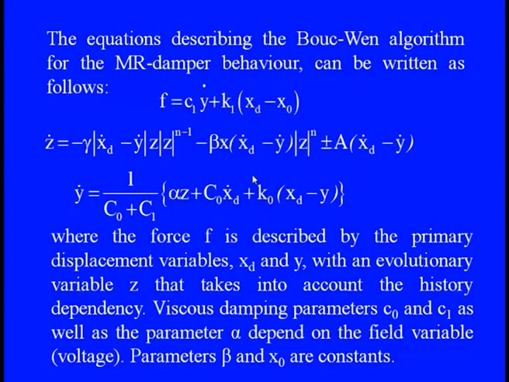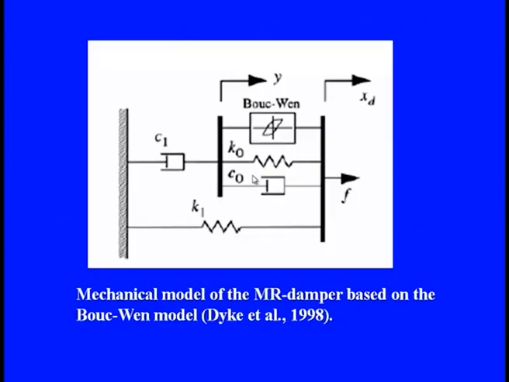First is the primary variable, small f, which equals C1 times y dot, meaning the real character of the damper at that time, which is related to the damping parameters. C0 was the first damping; C1 was the damping on the outside part, and this C1 is related to the displacement y.